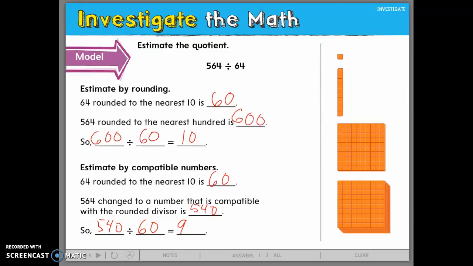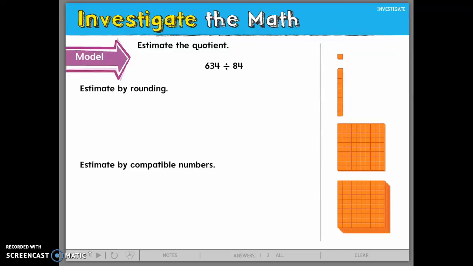Let's take a look at one more problem. So here we have 634 divided by 84. First, it wants us to estimate by rounding. So 634, well, that 3 is going to make us round our hundreds place down.